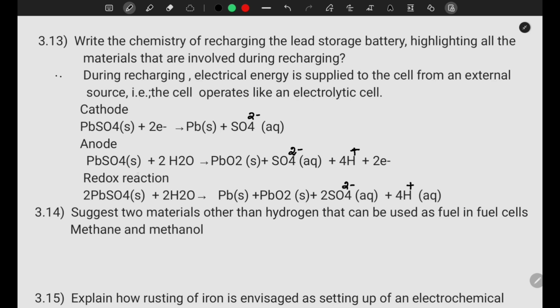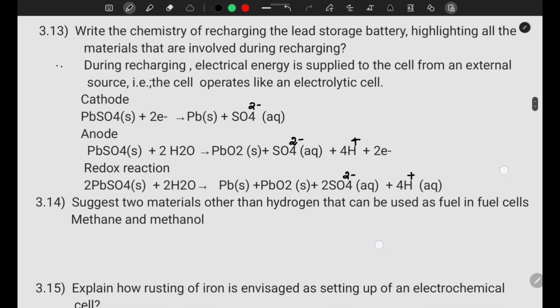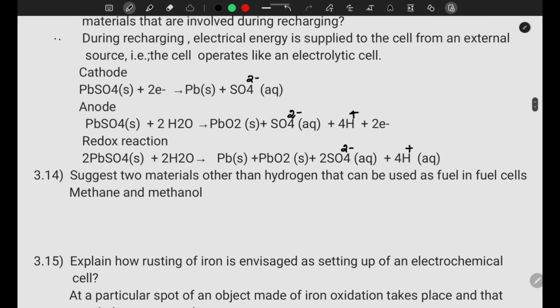Then at the anode, PbSO4 plus 2 H2O gives PbO2 plus SO4 2 minus plus 4H plus plus 2 electrons. When we add both the equations, we get 2PbSO4 plus 2H2O gives Pb plus PbO2 plus 2SO4 2 minus plus 4H plus, or we can write 4H plus and 2SO4 2 minus together as 2H2SO4.